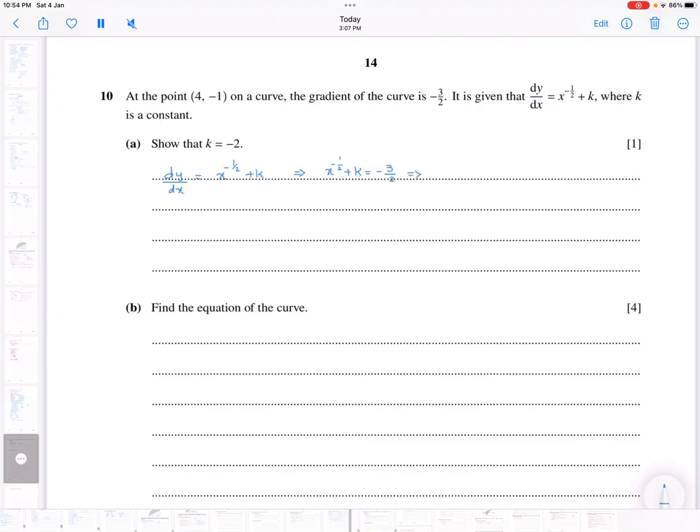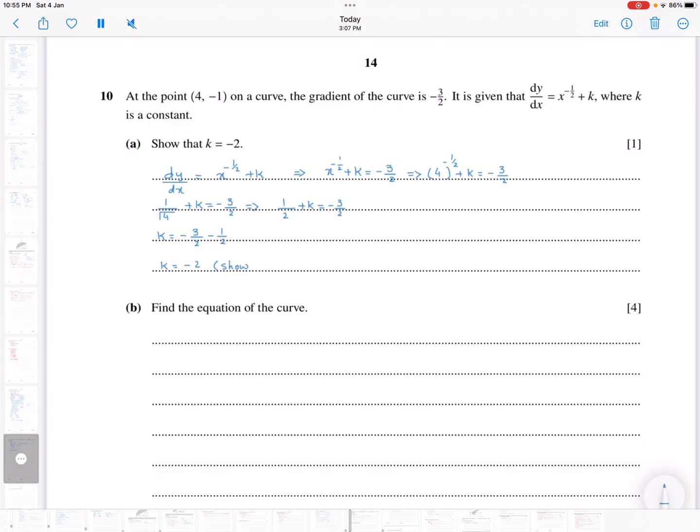From here, put x equals 4 and simplify it. So my k equals minus 2.